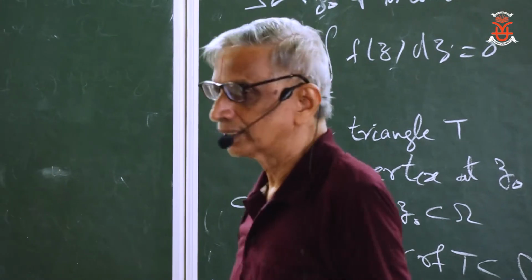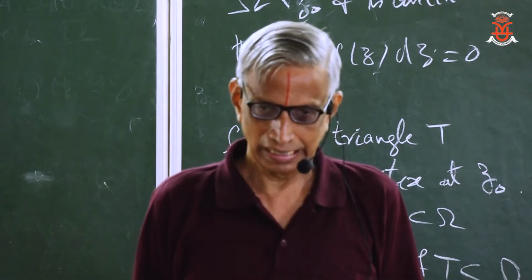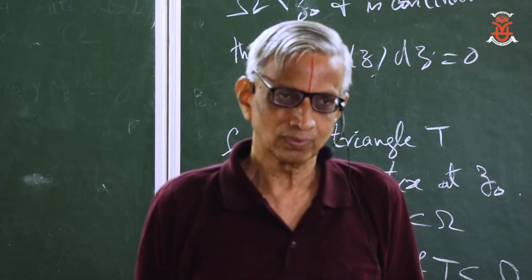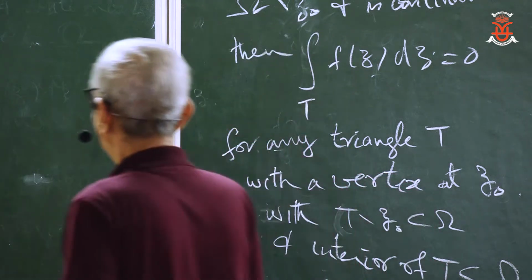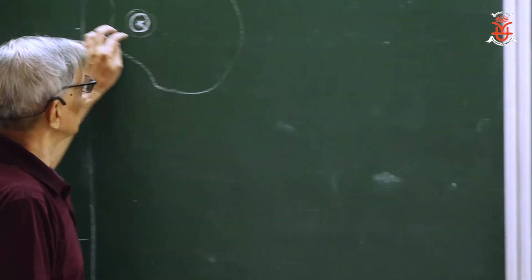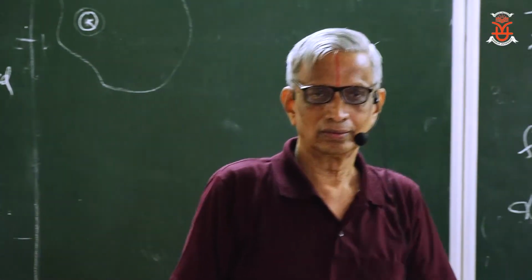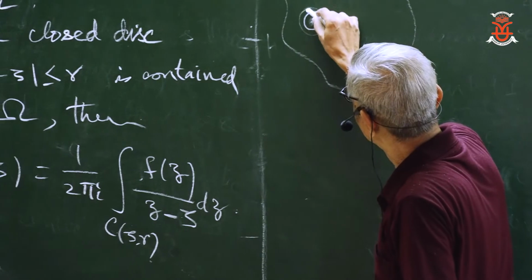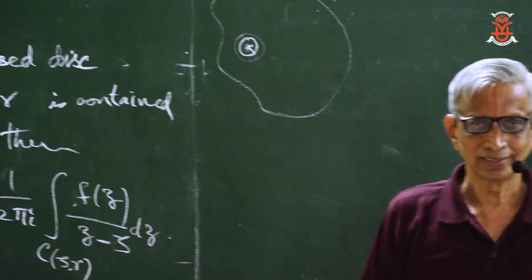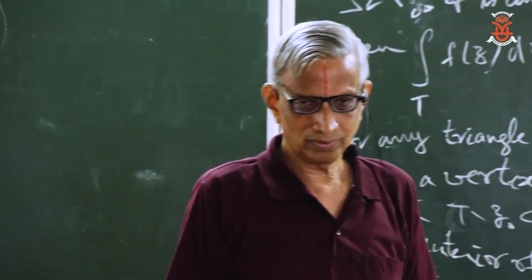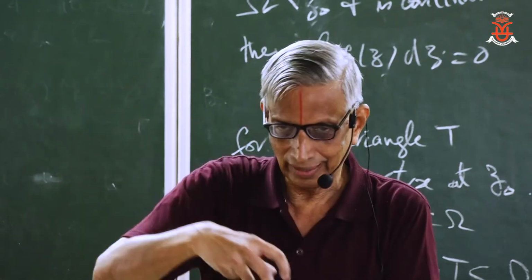You want to apply Cauchy's theorem for a disk. So you want to find a suitable function which is analytic on that slightly larger disk, okay, so that this circle will lie inside that disk.